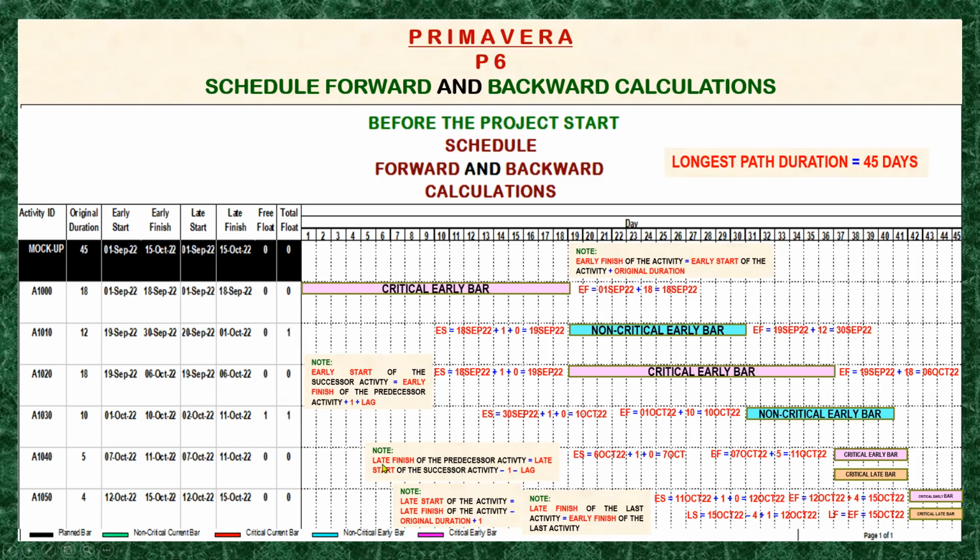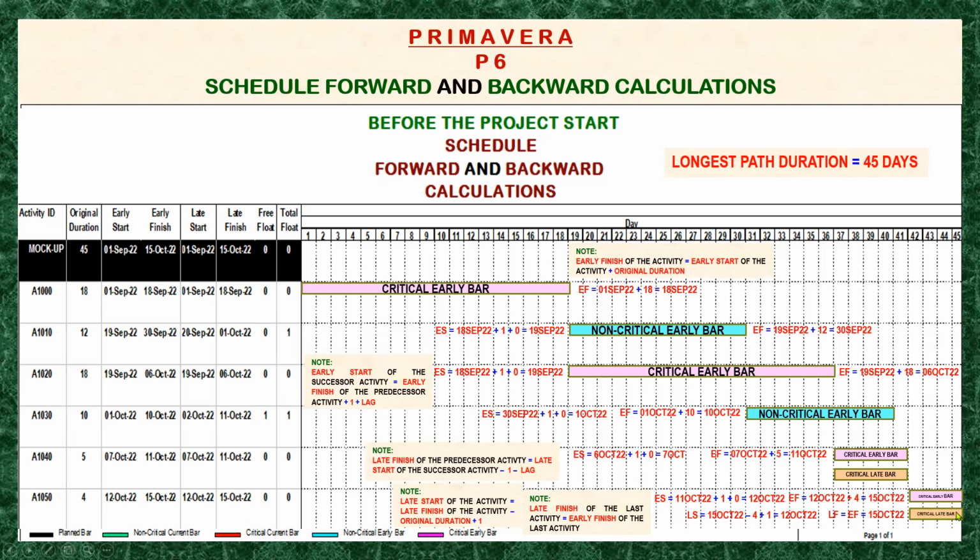And take note also that the late finish of the predecessor activity is equal to the late start of the successor activity minus 1 minus lag. So the late finish of this bar here is equal to the late start of the successor, since this is considered the predecessor and this is the successor.